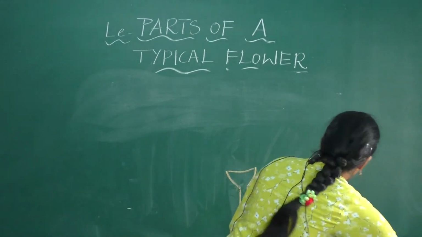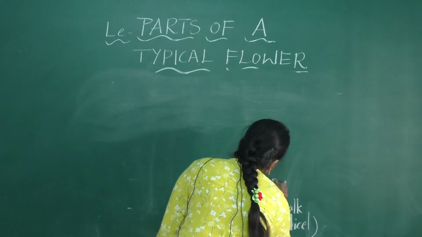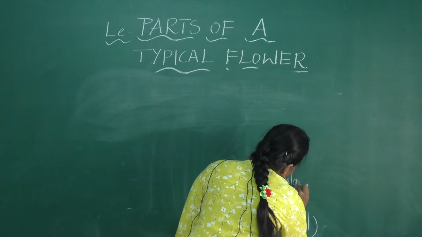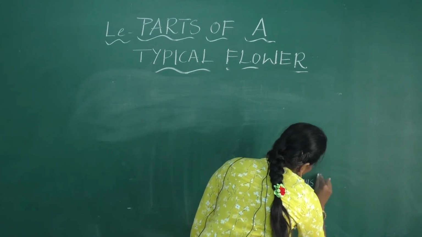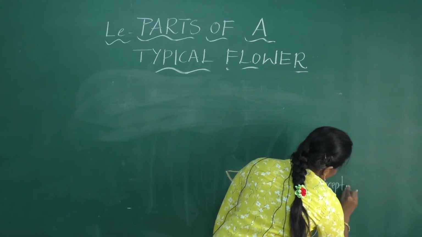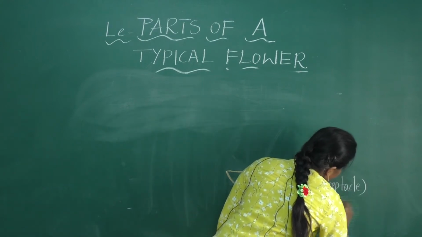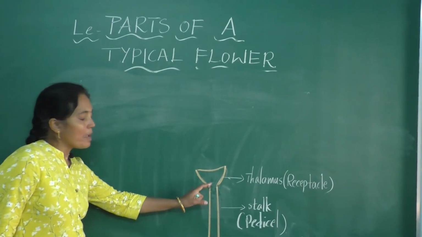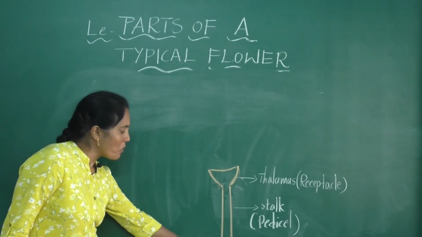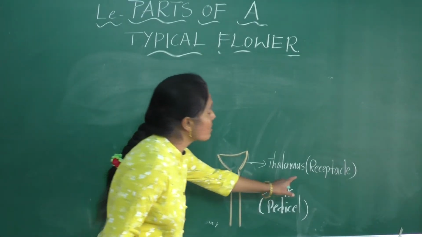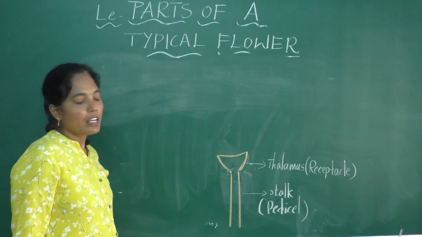This part is called the thalamus, or another name is receptacle. The stalk is swollen at its apical end. Apical means upper end, children. This is the lower end, no? This is the upper end. Its upper end is swollen. That swollen part is called the thalamus or receptacle.